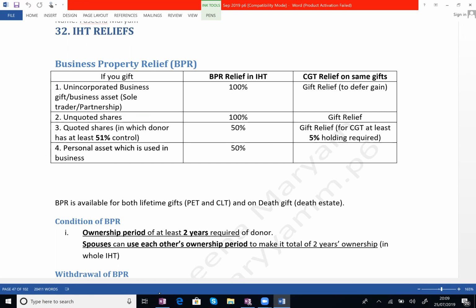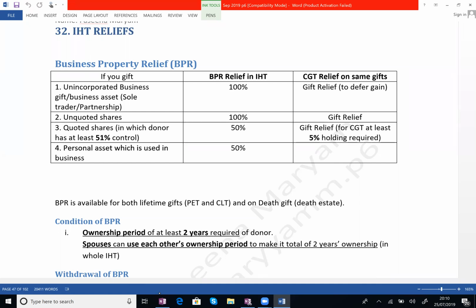And last, a personal asset which is used in business, so it means business assets, right? Okay. So when you give these four things, you will get the business property relief.